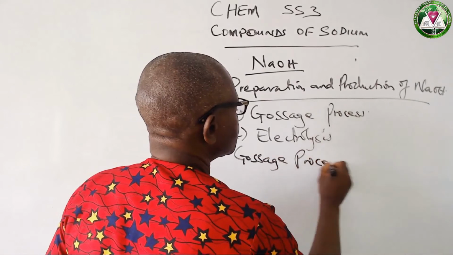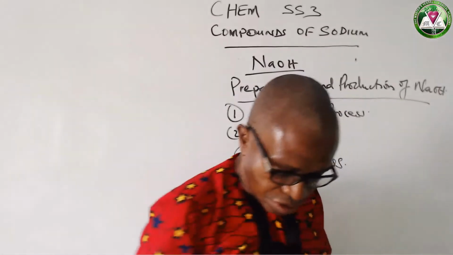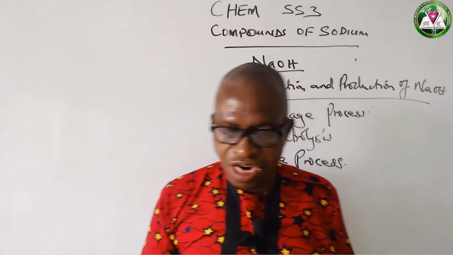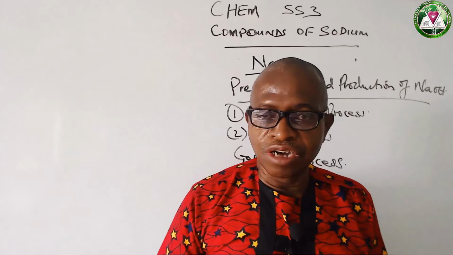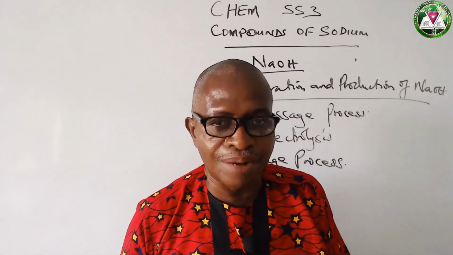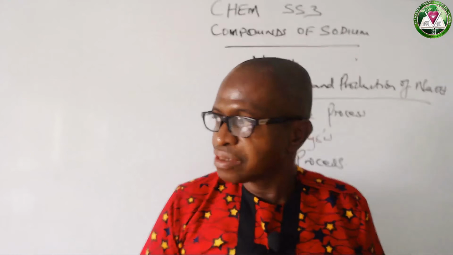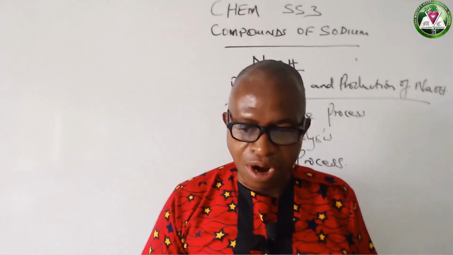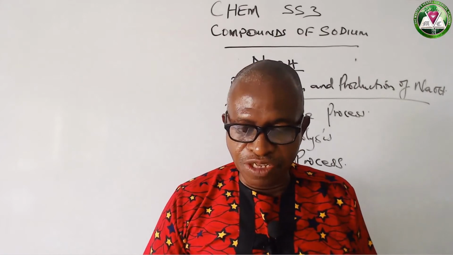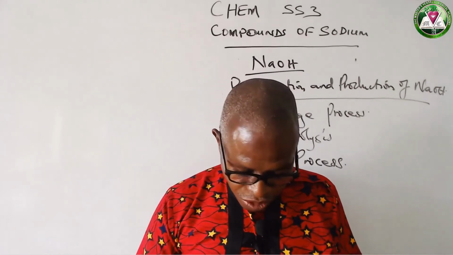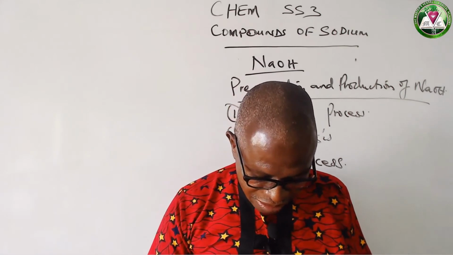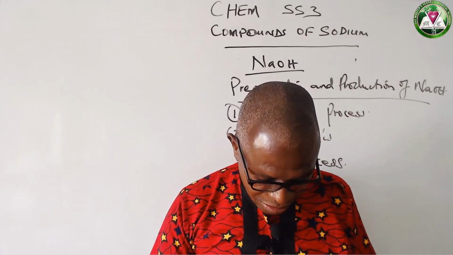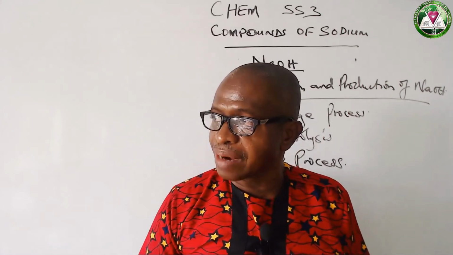Gossage process is actually double decomposition. If you heat sodium trioxocarbonate(IV) with calcium hydroxide, there will be double decomposition. You will produce your sodium hydroxide and calcium trioxocarbonate(IV).